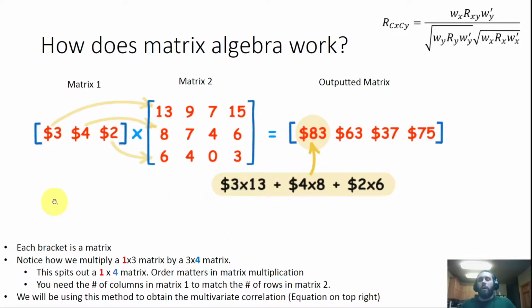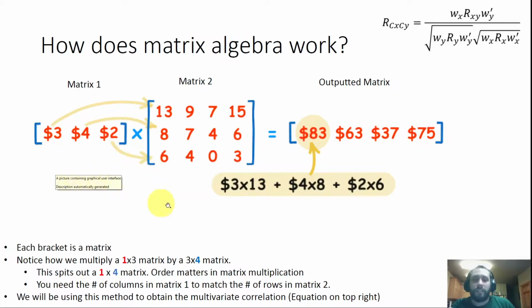When we're multiplying matrix 1 by matrix 2, this 3 is first going to the first row in the first column and multiplying that. Then this 4 is going to the second row in the first column, and the 2 is going to the third row in the first column. Then it does that for this column, and this column, and this column. So it's 3 times 13 plus 4 times 8 plus 2 times 6.